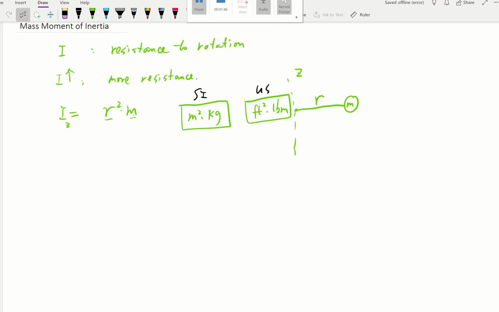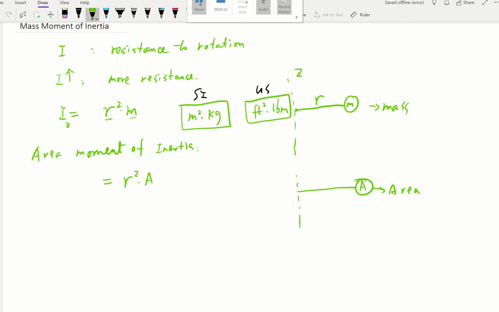Just to be clear from the beginning, you have probably learned about area moment of inertia before. For area moment of inertia, the definition is r squared times area. So for example, you have a z-axis and this object here has area A, not the mass. This area is rotating about the z-axis, and the distance is r.